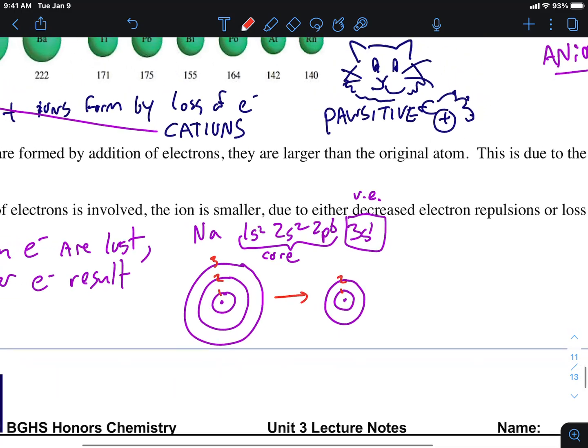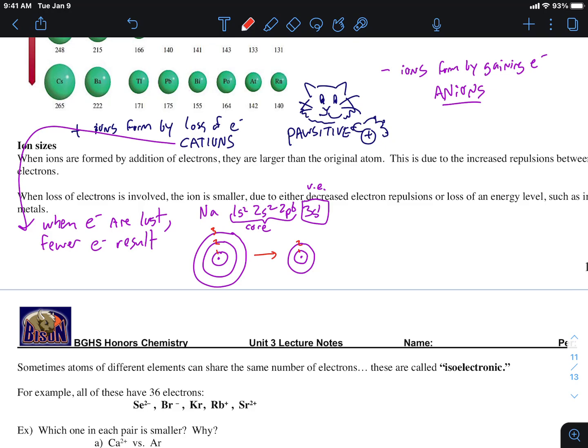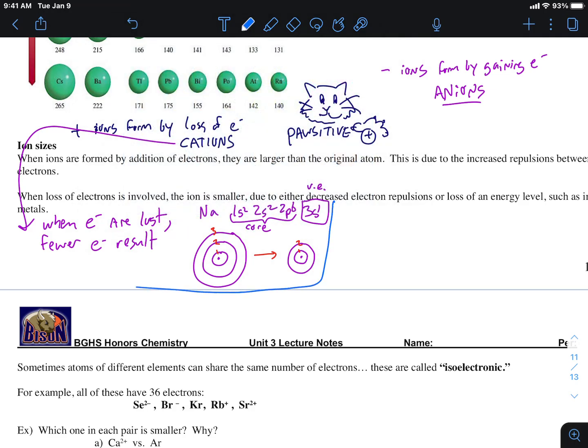Okay? All right. Here's another example, the other thing that can happen when you lose an electron. So you could be something like, I'll just pick an element, carbon. 1s2, 2s2, 2p2.